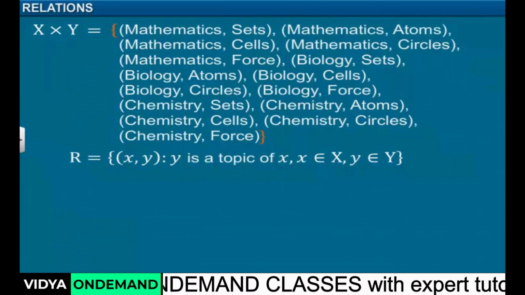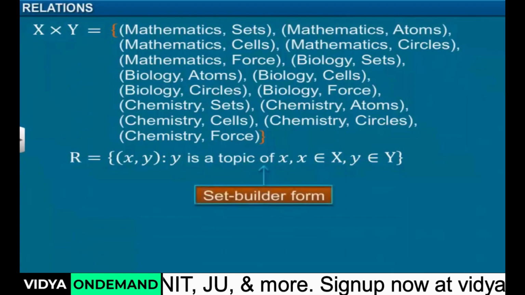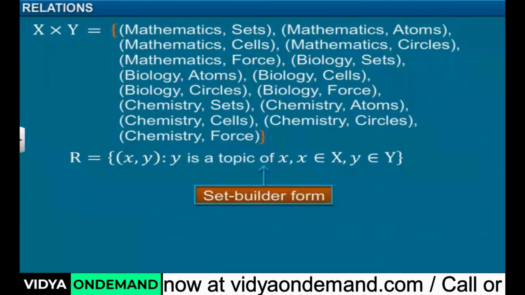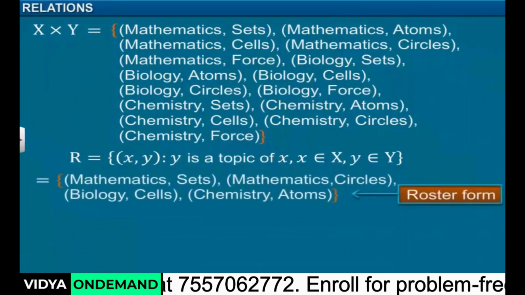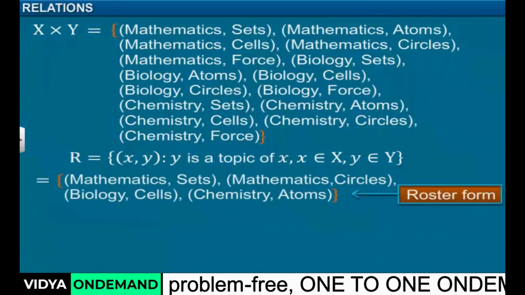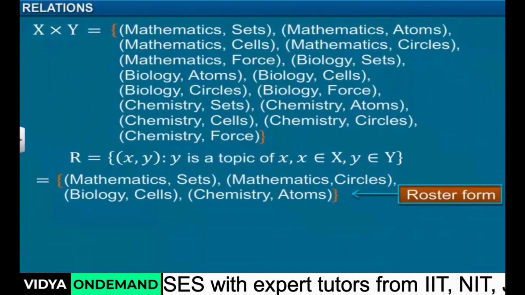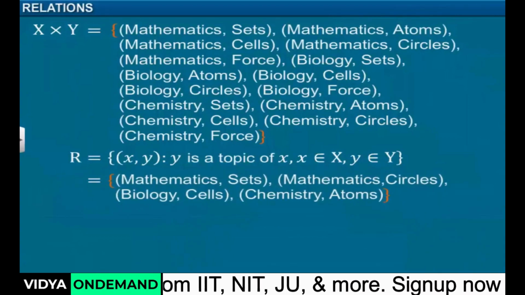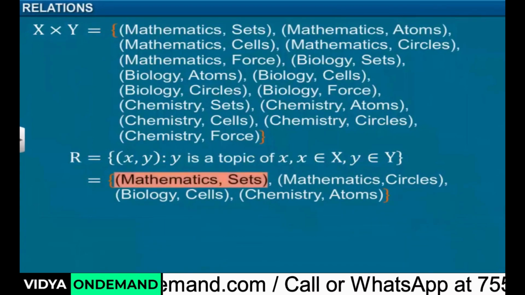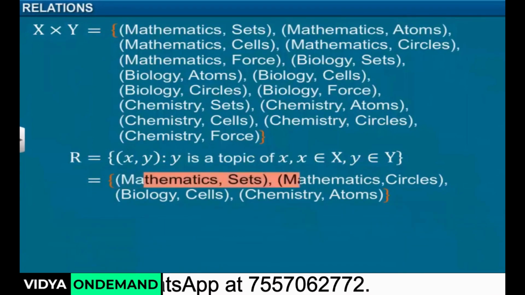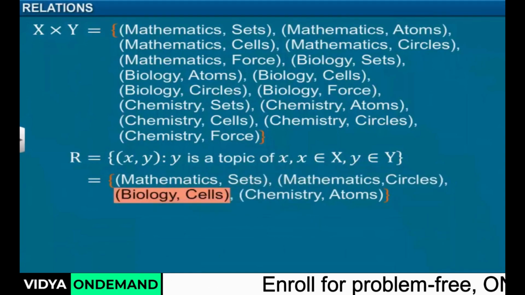This is the set builder representation of the relation R. In the roster form, we list all the ordered pairs that satisfy the formula given in the relation. It has 4 ordered pairs: mathematics, sets; mathematics, circles; biology, cells; chemistry, atoms.